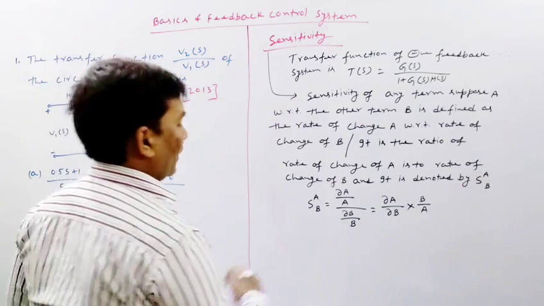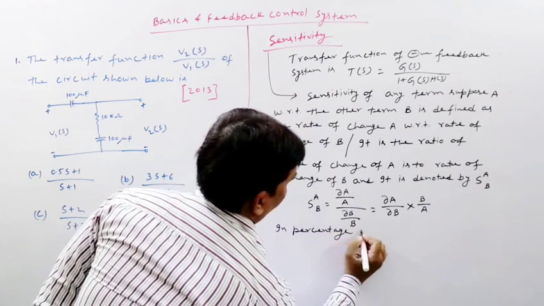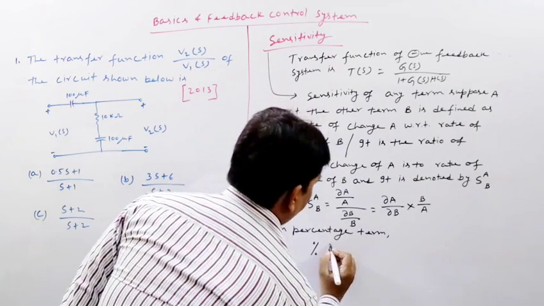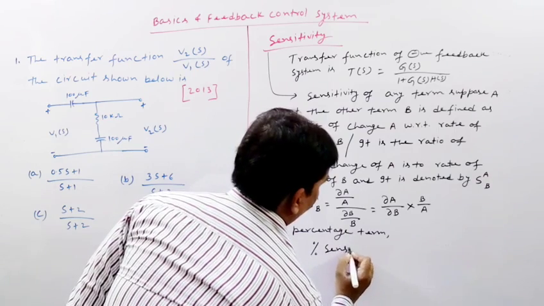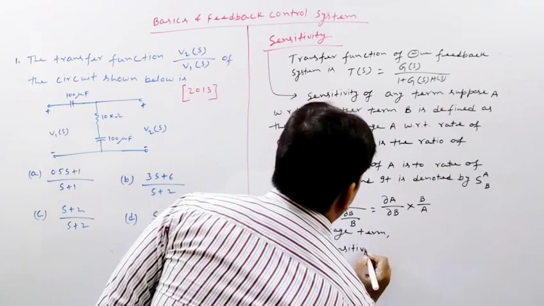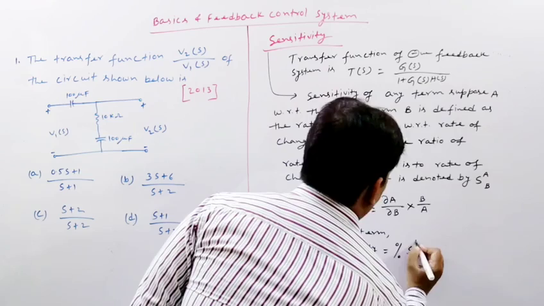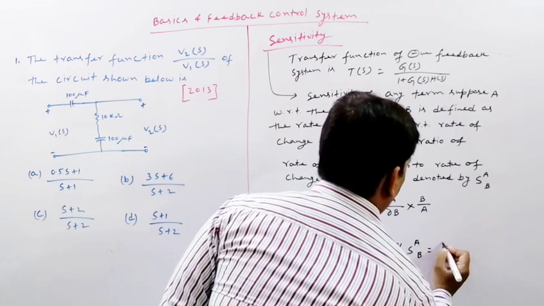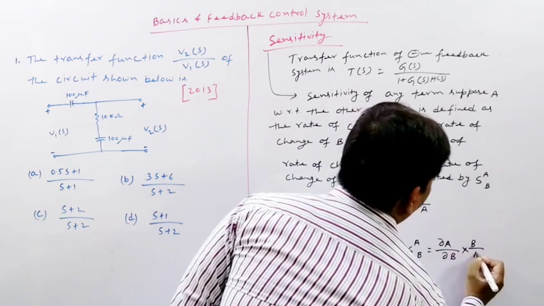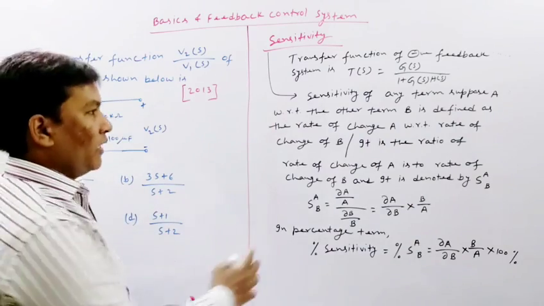In percentage terms, percentage sensitivity equals del A by del B multiplied by B by A multiplied by 100, this much percent. So now it is clear to all of you what is sensitivity.